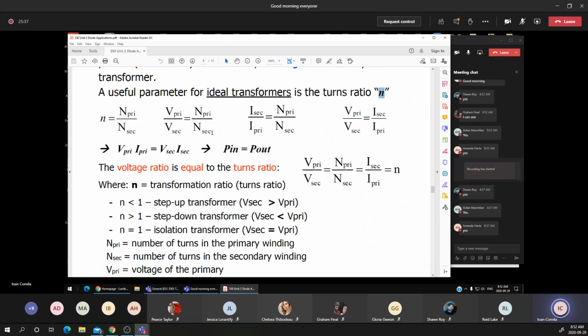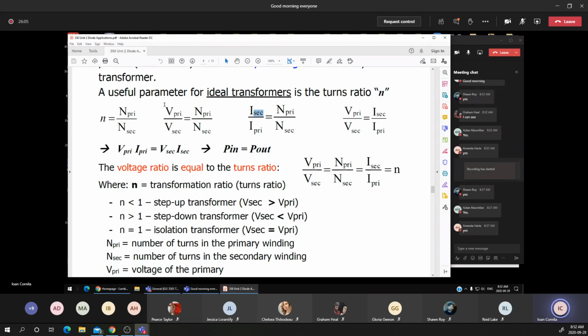At the same time, I mentioned that everything is related to the turn ratio of the transformer. The ratio between the currents, but notice that it's the secondary current, the current in the secondary winding over the current in the primary winding, is equal to the number of turns in the primary winding over the number of turns in the secondary winding.